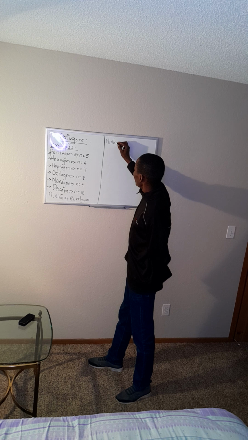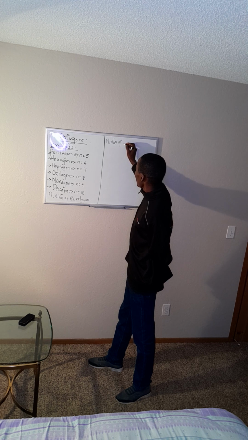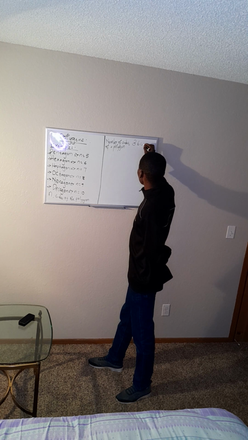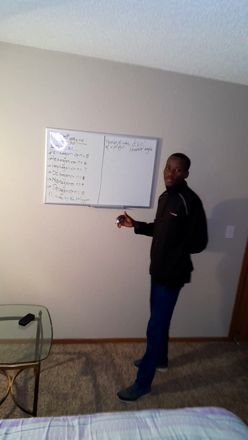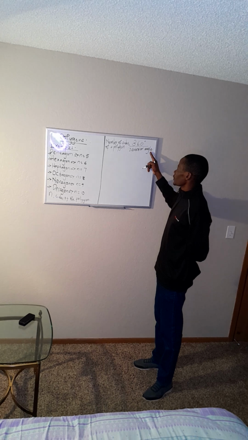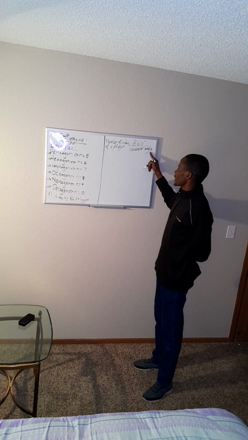Number of sides of a polygon is equal to 360 degrees divided by one exterior angle. Therefore, if I am finding the number of sides of a polygon, the formula is 360 divided by one exterior angle.